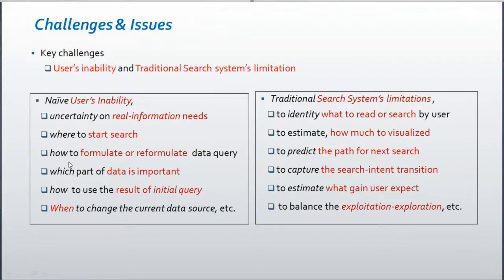After maybe somehow you are able to write some query, the system suggests some results. Systems do not have a facility to outline that, for your search, this part of the data is important, not all.